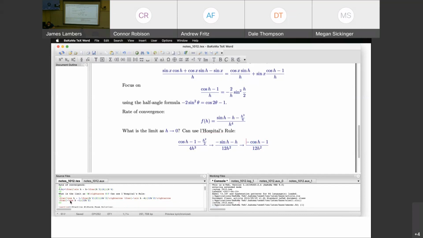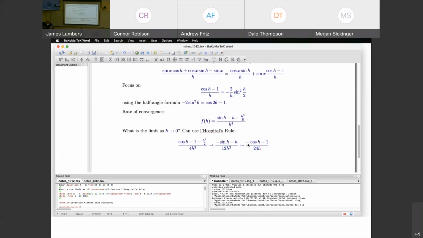Well, the derivative of sine is cosine, so negative sine would be negative cosine, right?